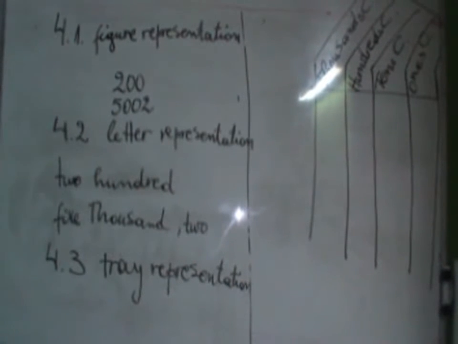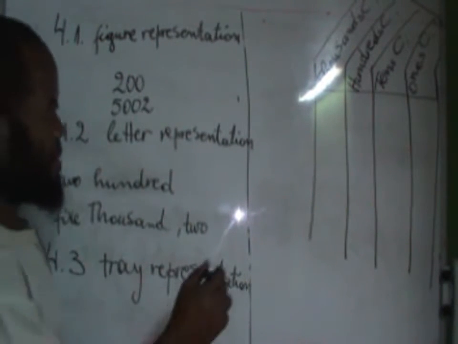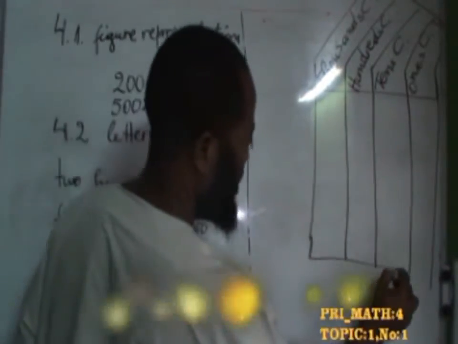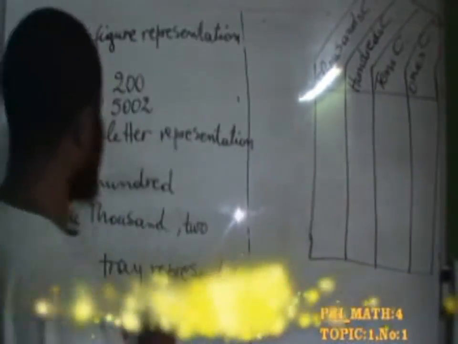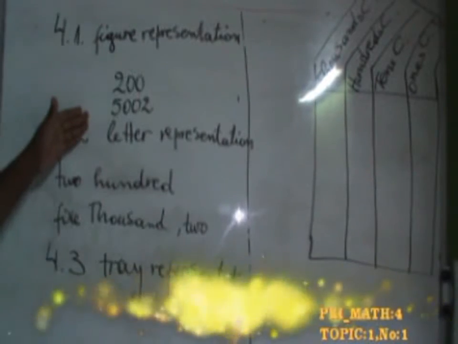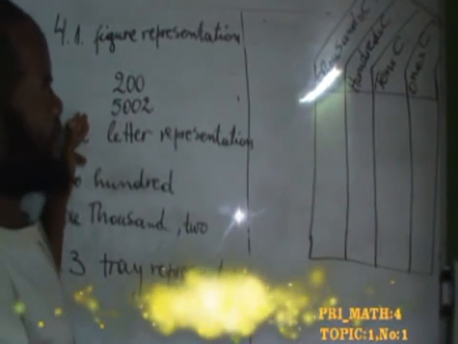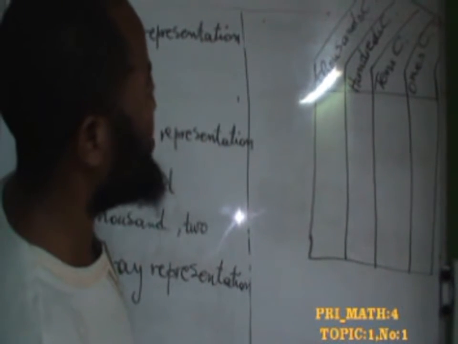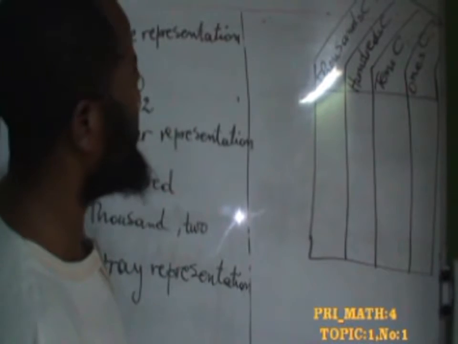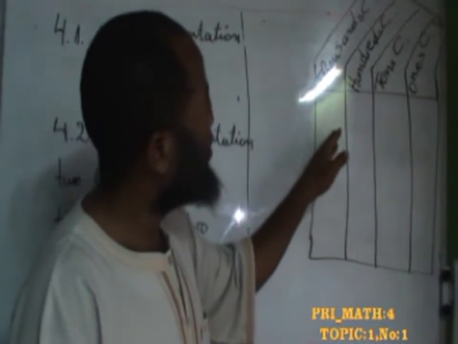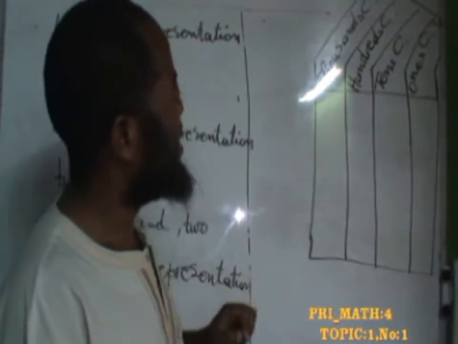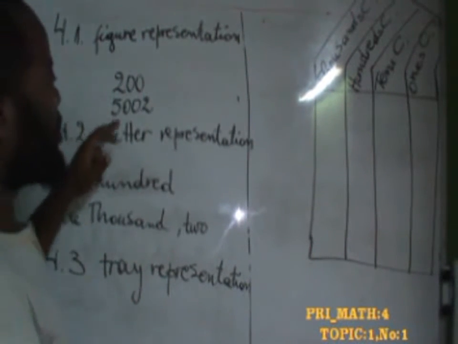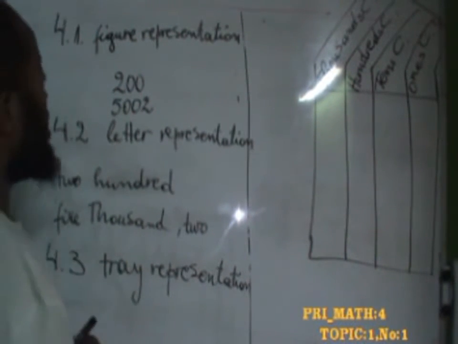So, if you are asked to represent these given numbers, we can represent them in our tray representation as follows.